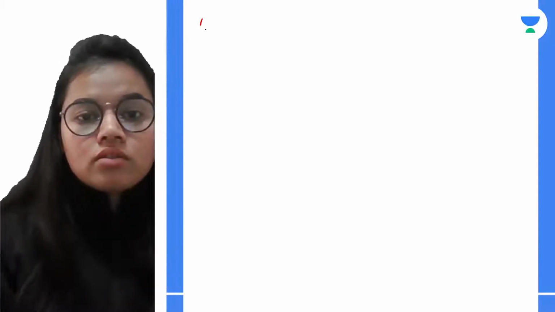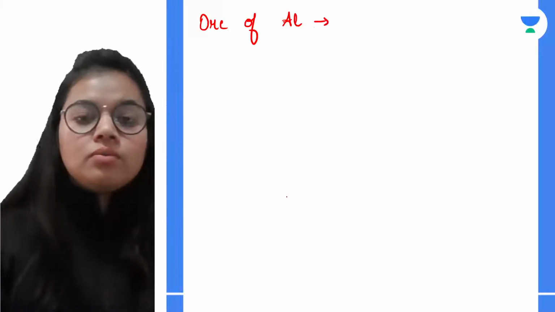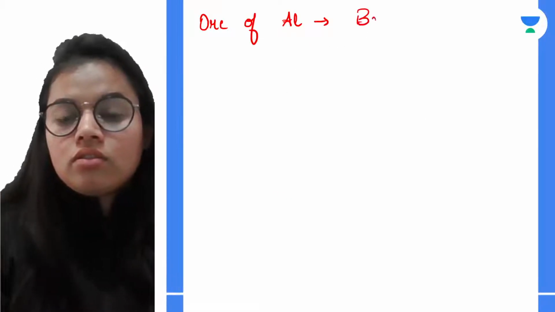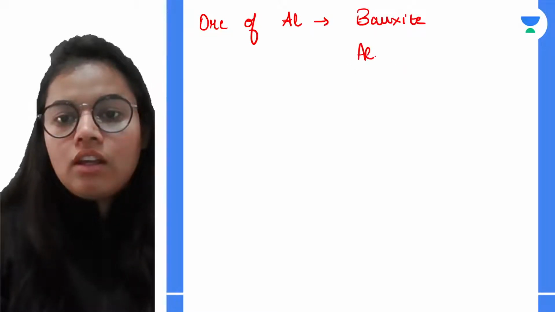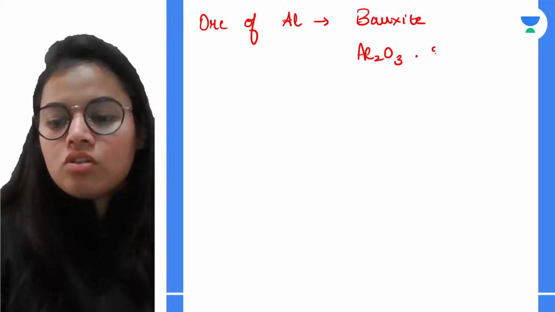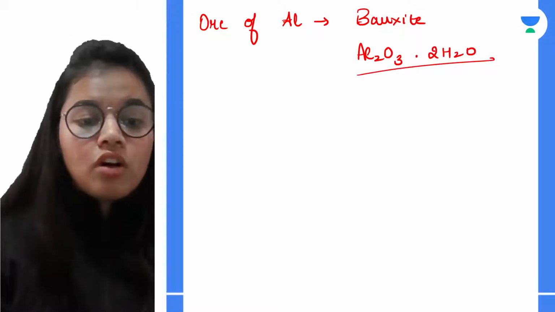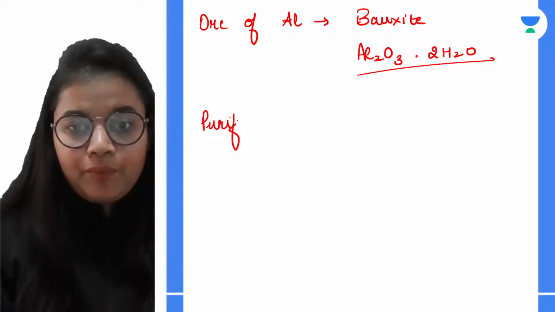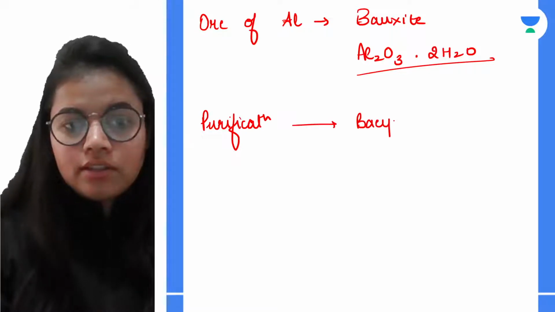Now the main ore from which aluminium is extracted is bauxite. The formula is Al2O3.2H2O. Now if I talk about the purification of the ore, it is done by Bayer's process.